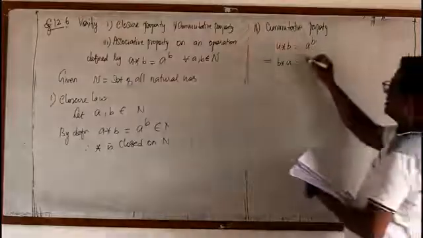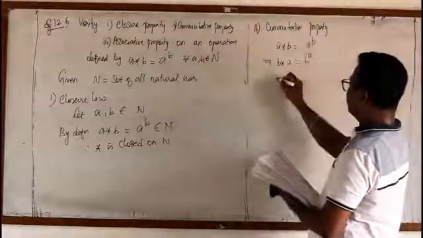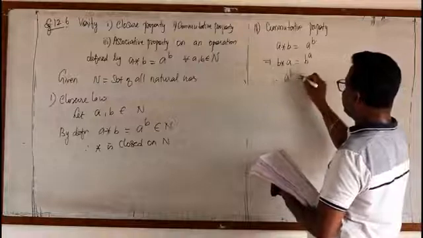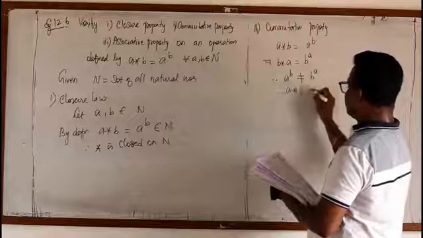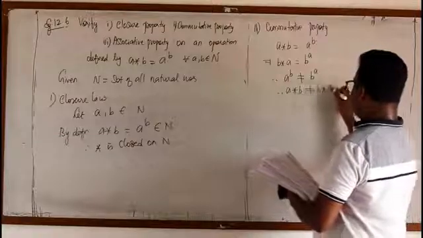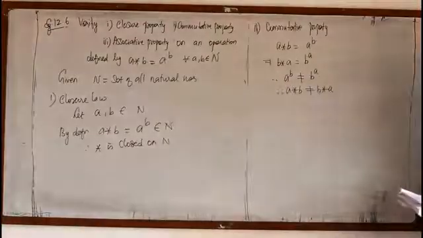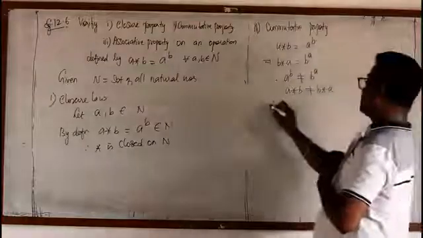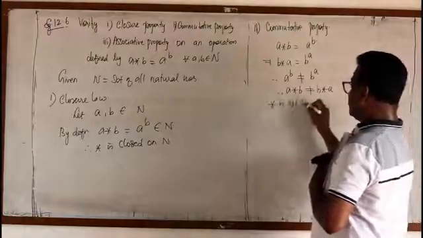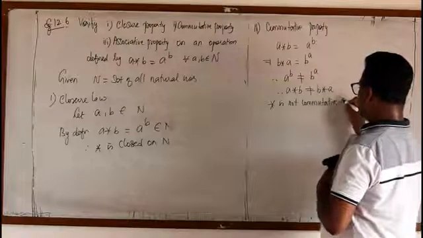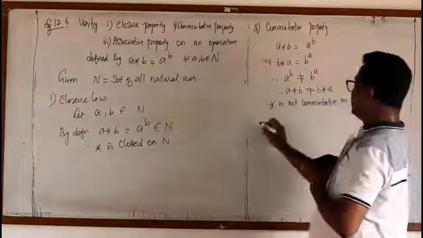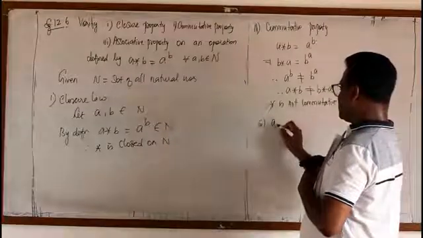B star A is B power A. Definitely A power B is not equal to B power A. Therefore, A star B is not equal to B star A. Therefore, star is not commutative on N.